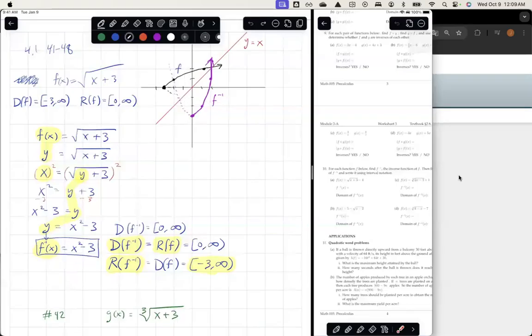So the inverse is only going to be half of the parabola in order for the inverse to be a function.